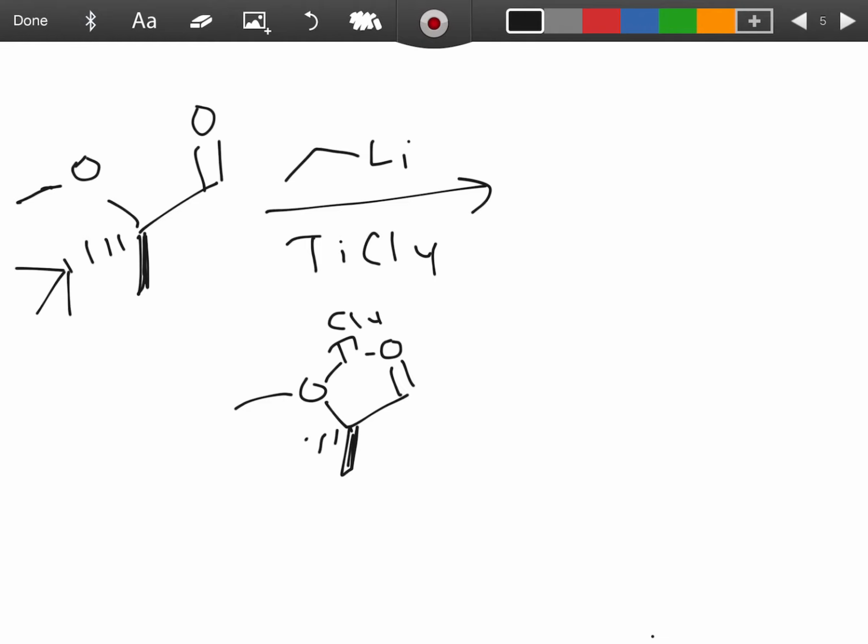So that's the tin's job. So now we've made our chelate model, and we're going to add from the open face. We're going to add from the side of the small thing, and we're going to get our product, where then this is going to be back, and then our ethyl group's going to be forward.